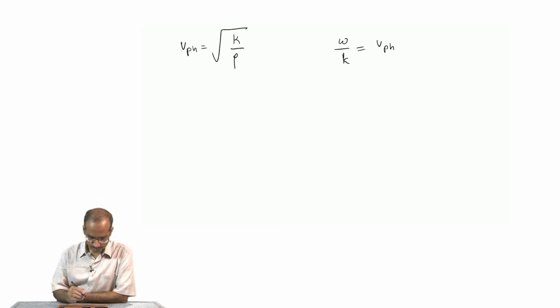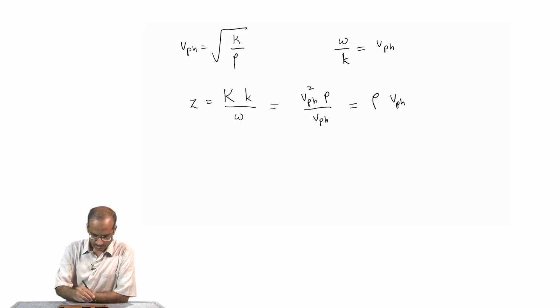So, let us use both these relations in what we had obtained. Z we said is capital K divided by small k divided by omega, hence I would get rho times phase velocity. So, I have the final expression which is really simple: density multiplied by the phase velocity.